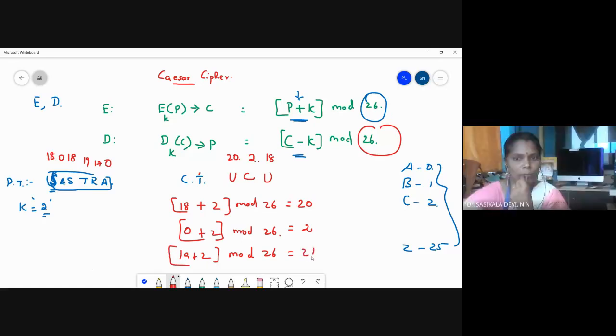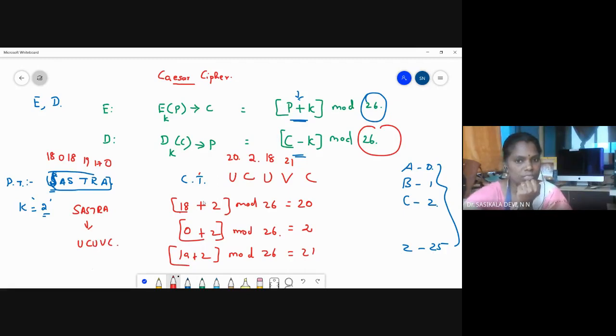Which is nothing but V. And A we have already computed, which gives C. So the plain text Shastra is replaced by this ciphertext, UCUVC.